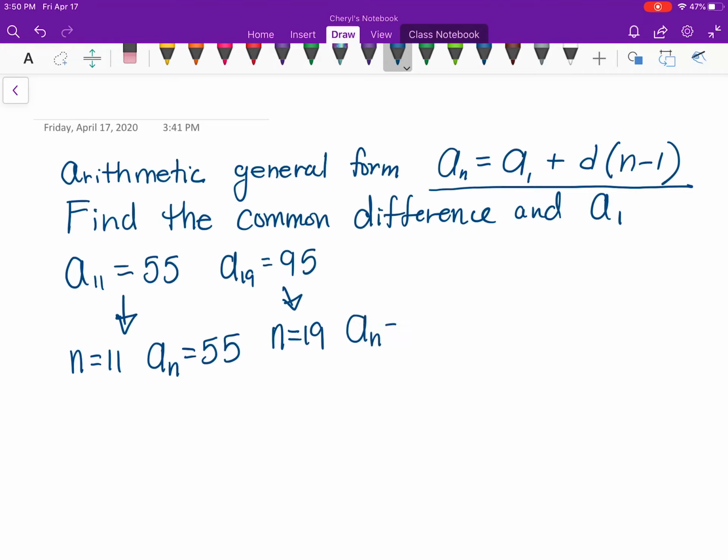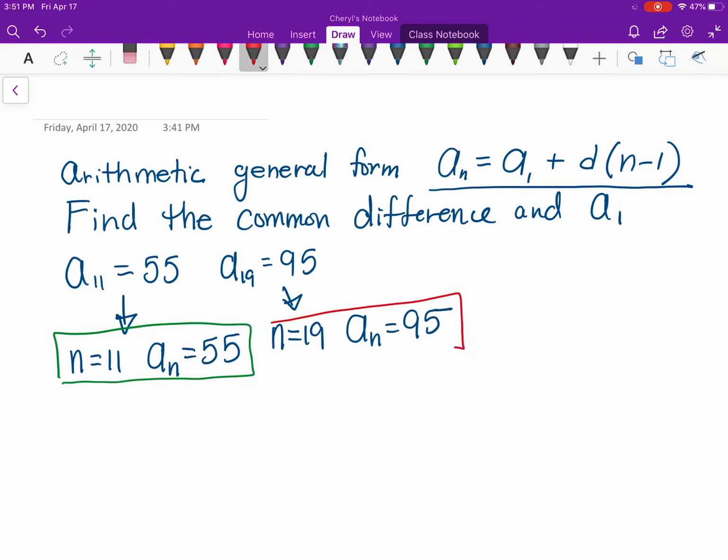And when n is 19, an is 95. So I'm going to use this information to set up two equations using the general form of an arithmetic sequence, and then I'll have two equations and two unknowns, and then I can just solve a system of equations.